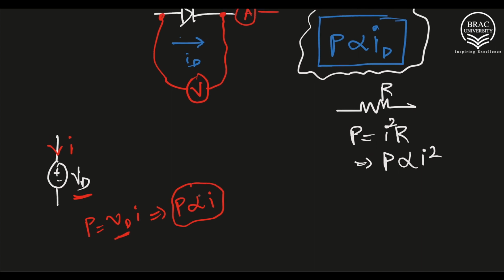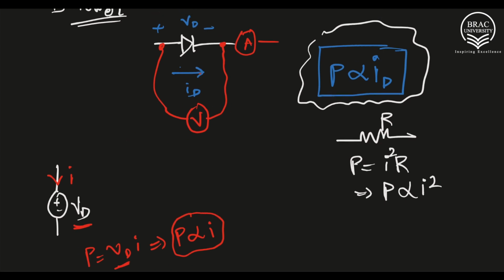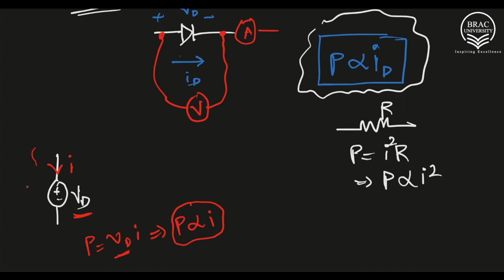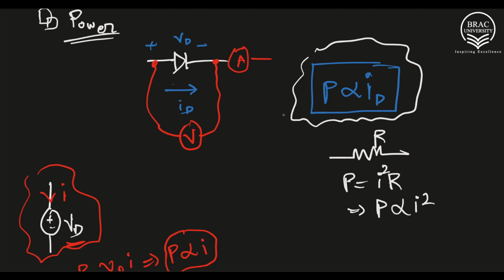So what we have learned is that when the diode is conducting, when it is in on mode, the power is proportional to the current, which is similar to that of a voltage source. If we perform the experiment, we can write some proportional constant K times ID. For silicon diodes, that means diodes made of silicon, we see that the value is around 0.7.